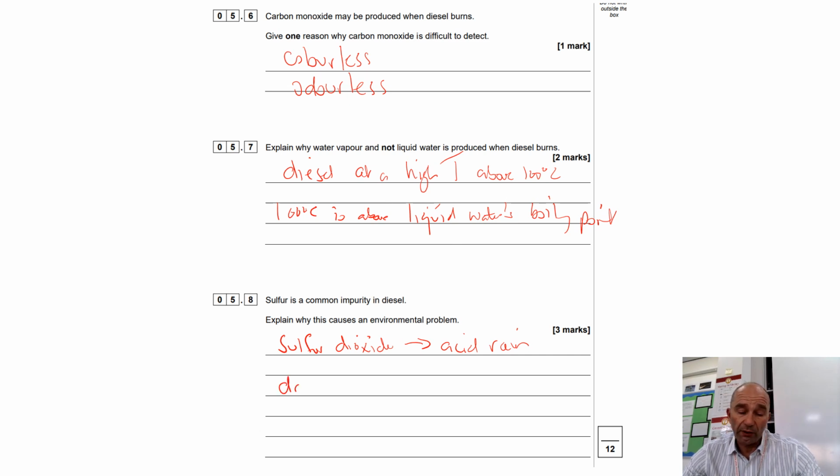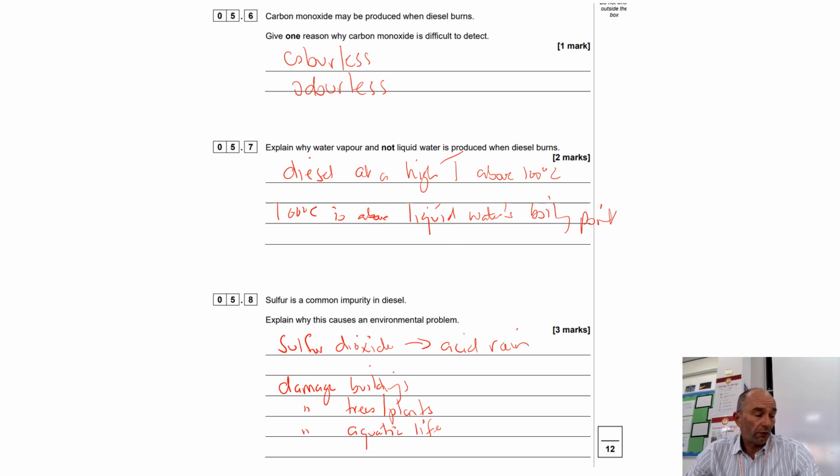It can damage buildings, so particularly if you've got limestone buildings as statues, it can damage them, but it can also damage trees and plants which are very sensitive to changes in pH. It also damages aquatic life, so that's things living in streams and ponds and so on.